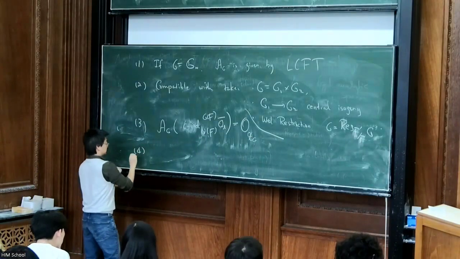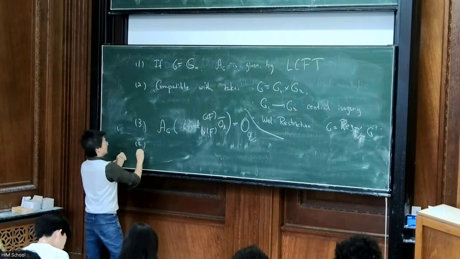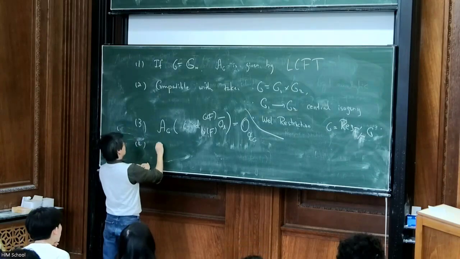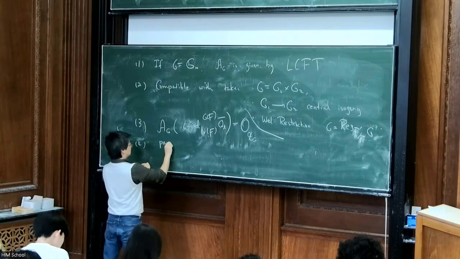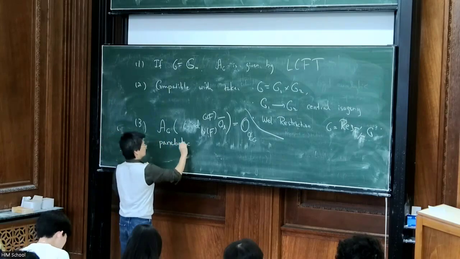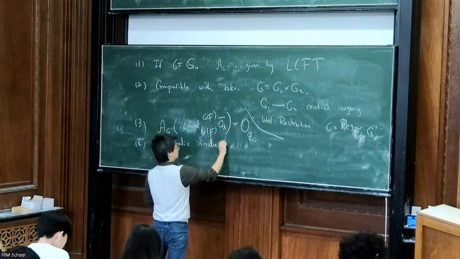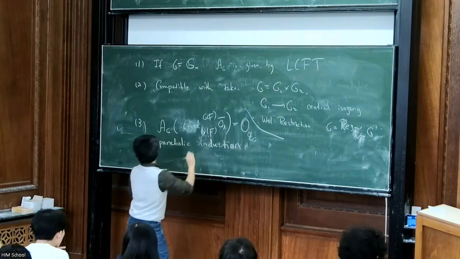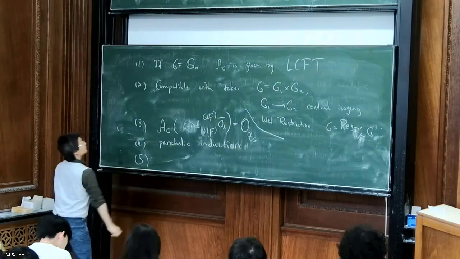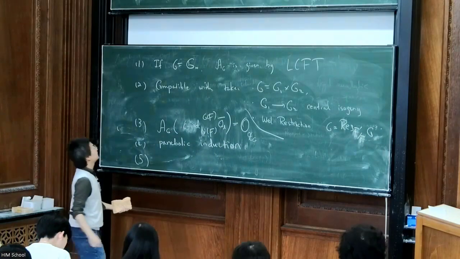Condition four is compatibility with parabolic induction, which I'm going to explain. And condition five is a normalization, if you want to have some global application.